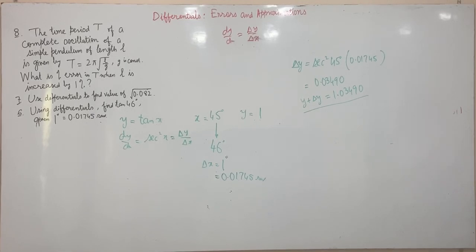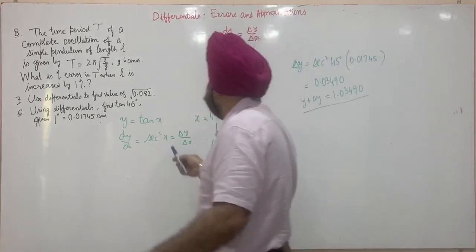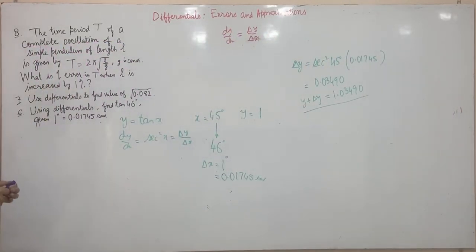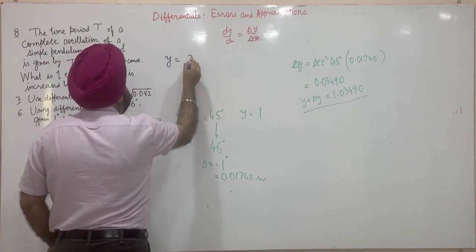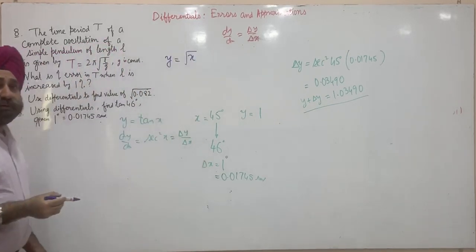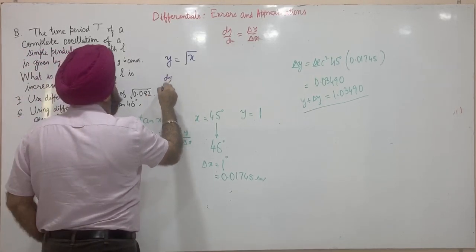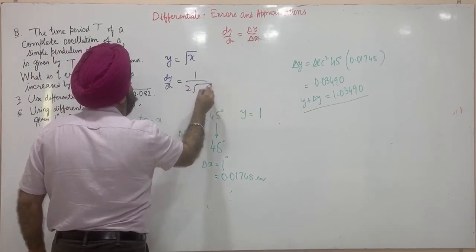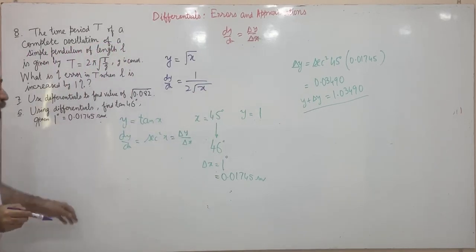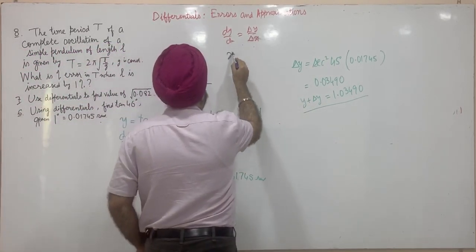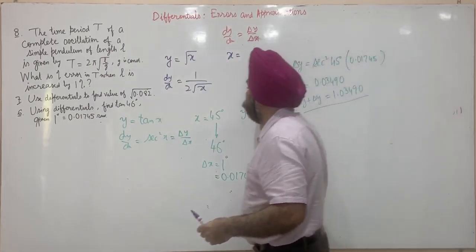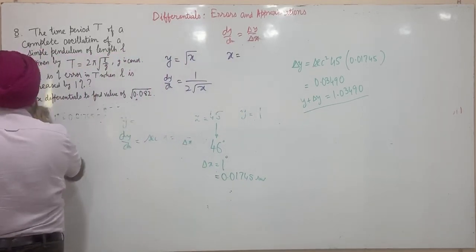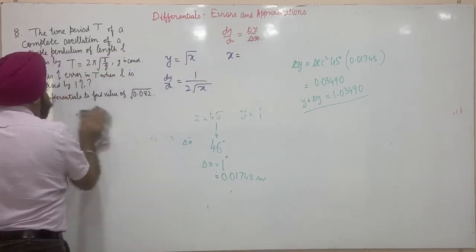Next, we have to find the square root of 0.082. Since we have to find the square root of a number, we consider y as square root of x as the function. We differentiate it, it's 1 by 2 into root of x. We choose a value of x which is very close to 0.082 and whose square root is known.